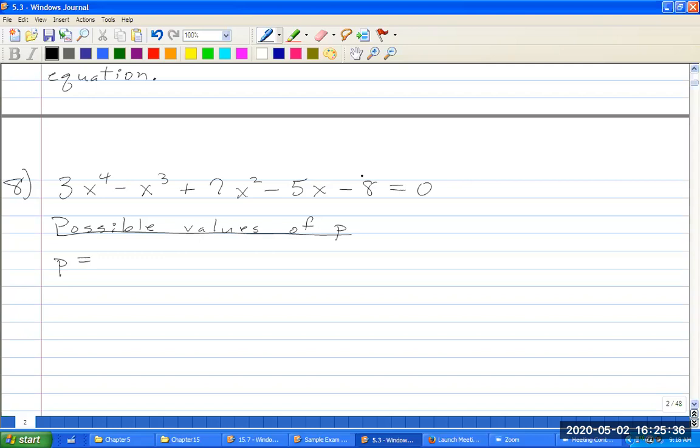And so the factors of 8 are, I'll do it as plus or minus, plus or minus 1, 2, 4, and 8.